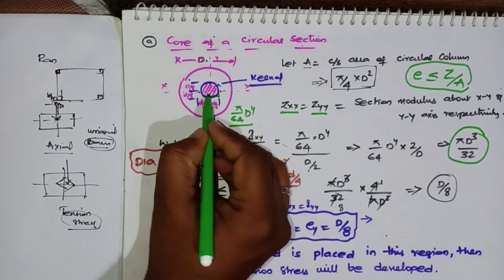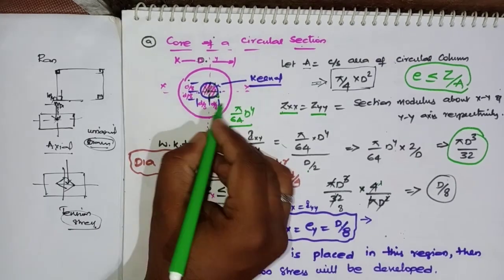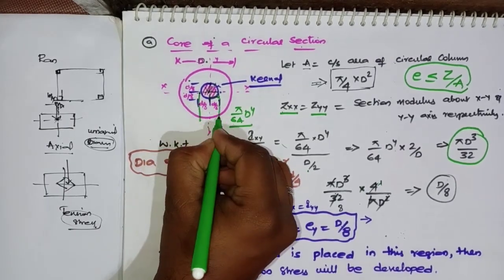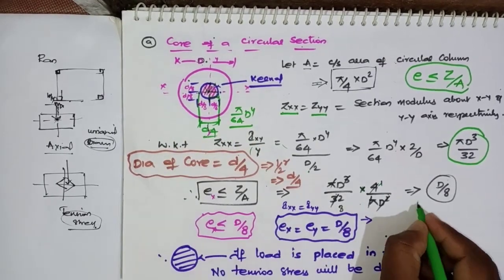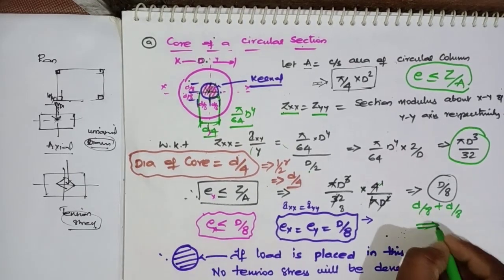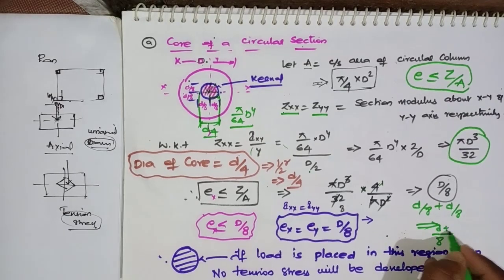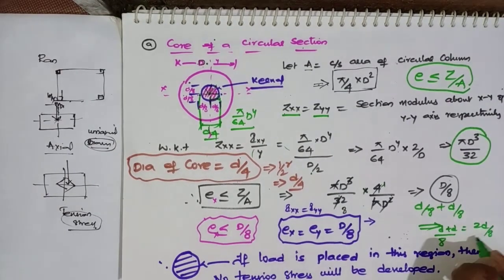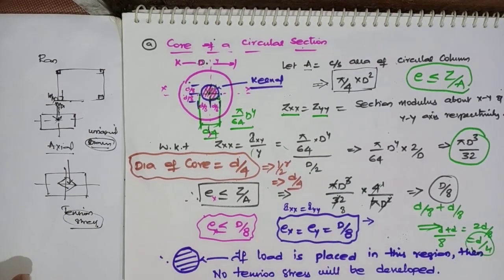Because of this circular shape, in every direction you will have D by 8. So what is the diameter of this one? D by 4. How? D by 8 plus D by 8, that is 2D by 8, or D by 4.